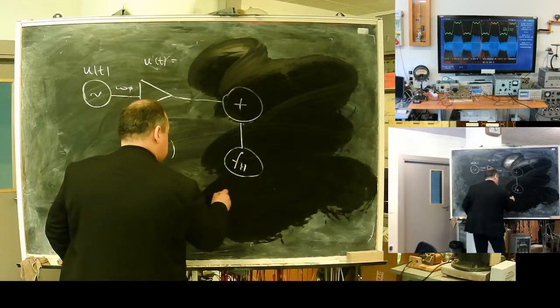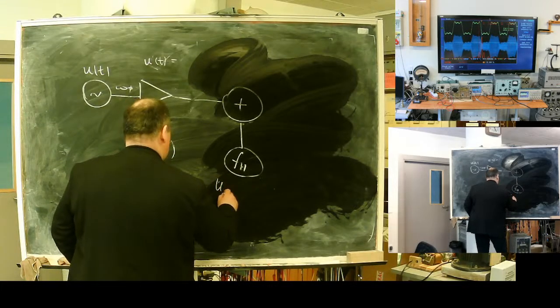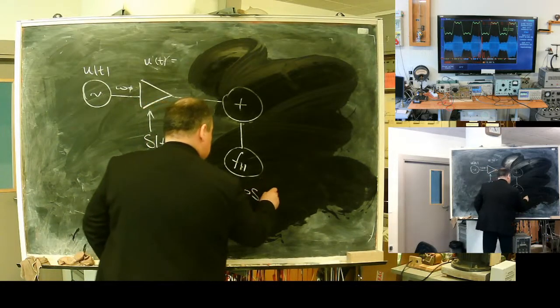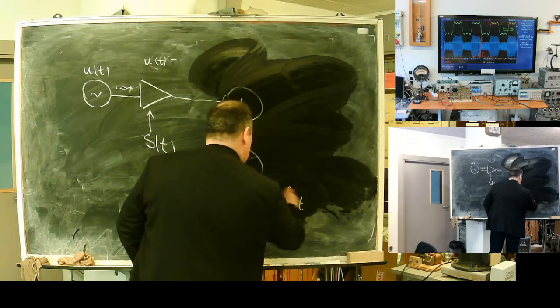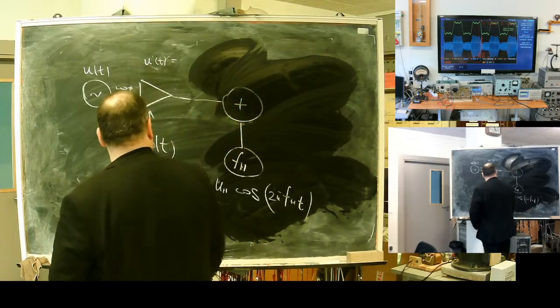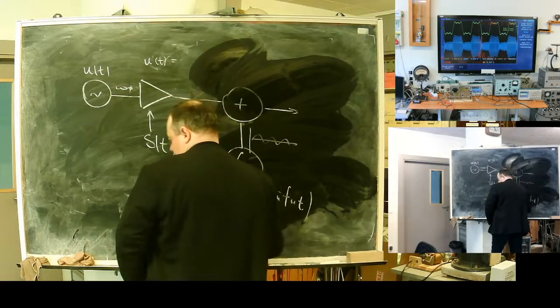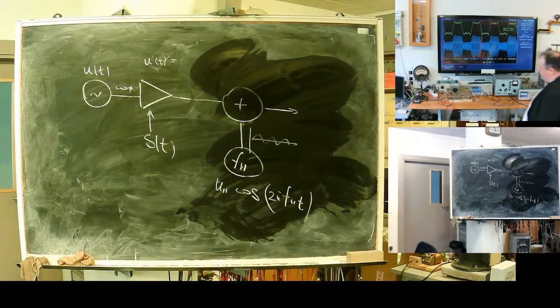It produces just something, cosine omega h t. It produces something like this. And now a question from school.